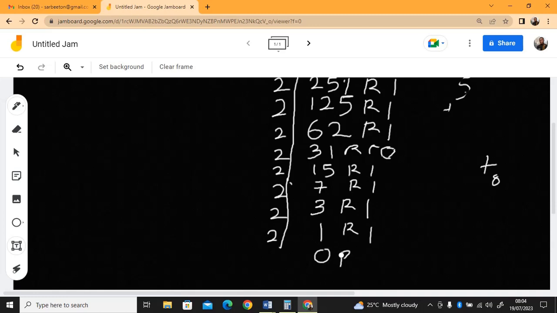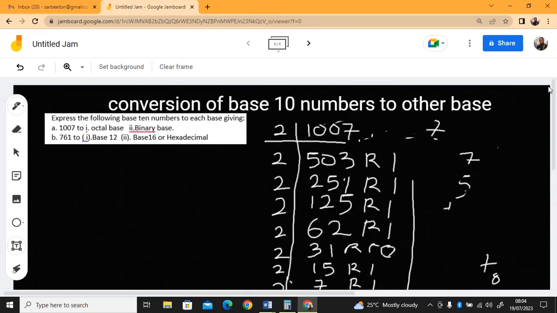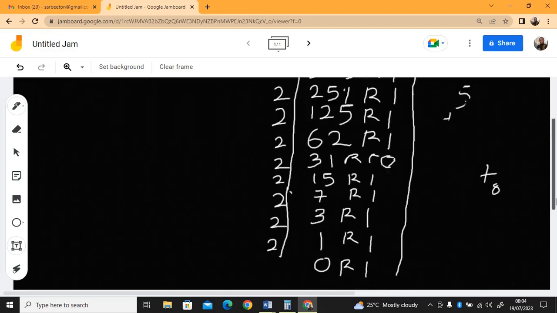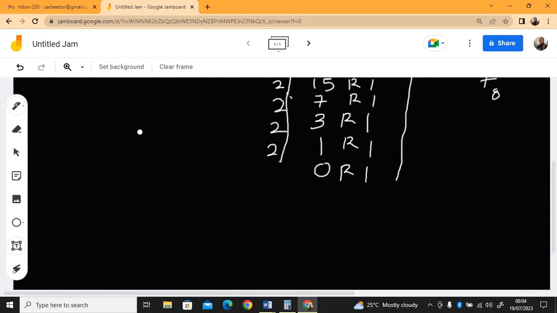So remainder 1. So I'm going to start from the bottom and move up to this point. When I start from the bottom, what are the numbers there? You have 1, 1, 1, 1, 1. That is 1, 2, 3, 4, 5.